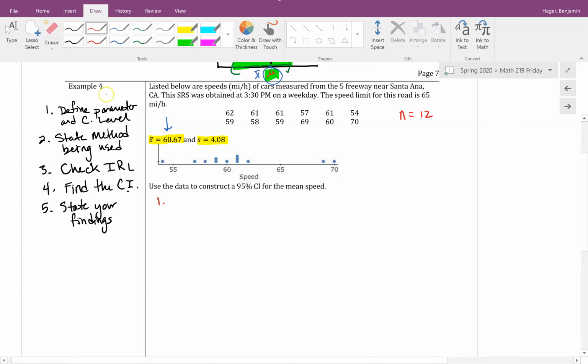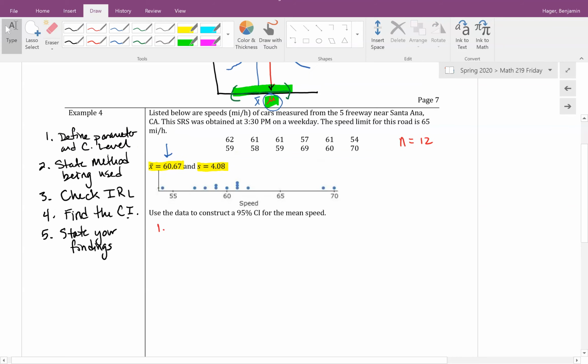1, define the parameter and confidence levels. So again, the parameter is the thing you're trying to learn about the population. They said find the mean speed. So we want the mean speed of all cars on the 5 at this time.